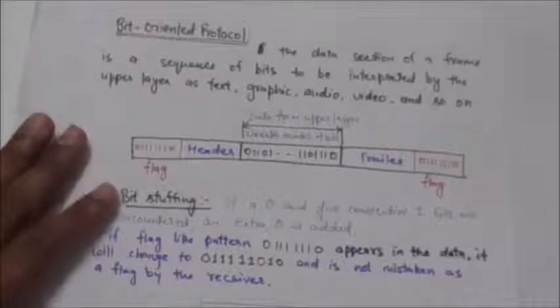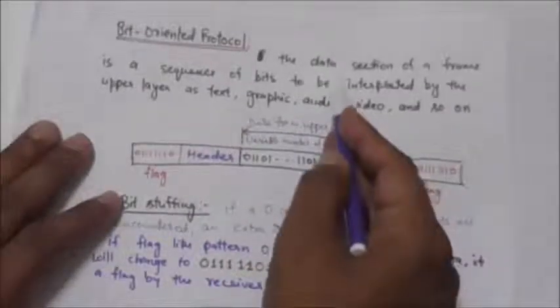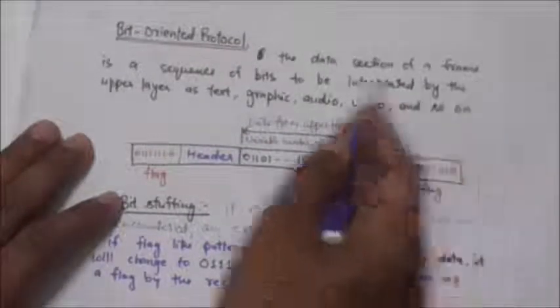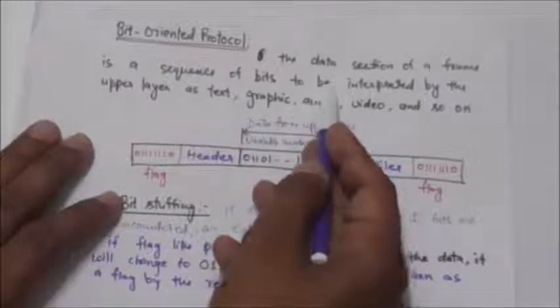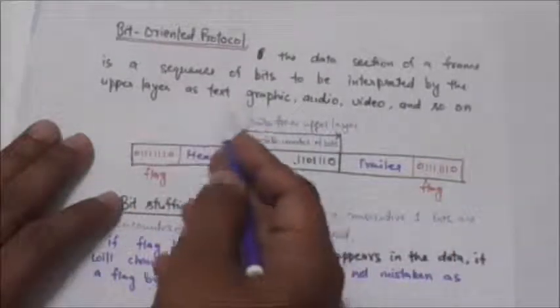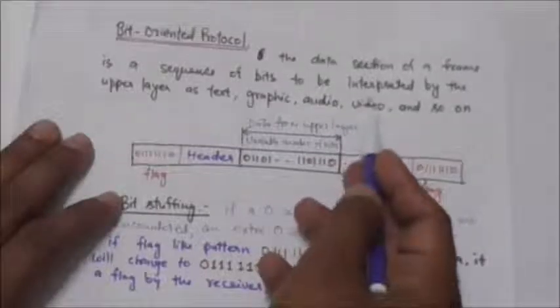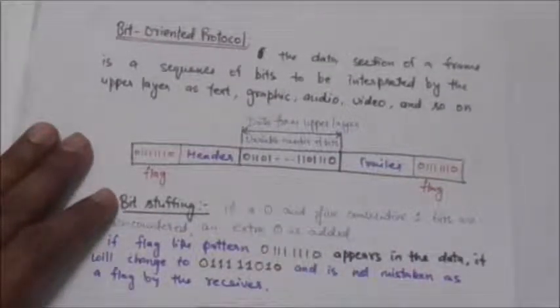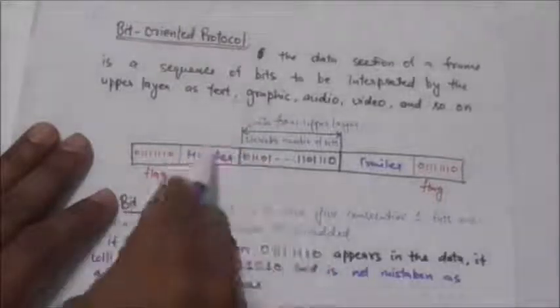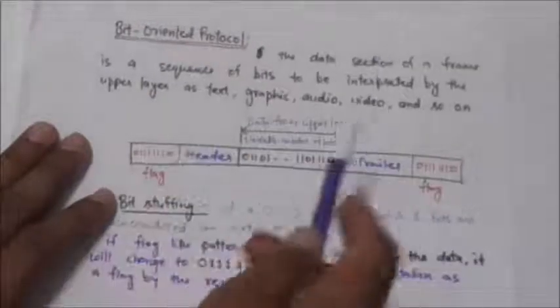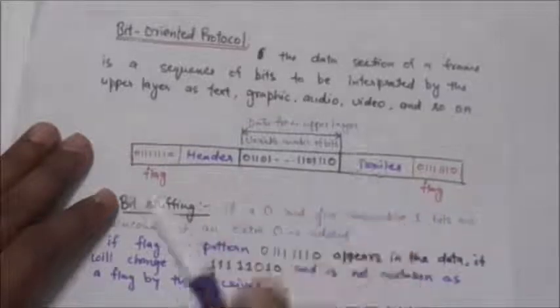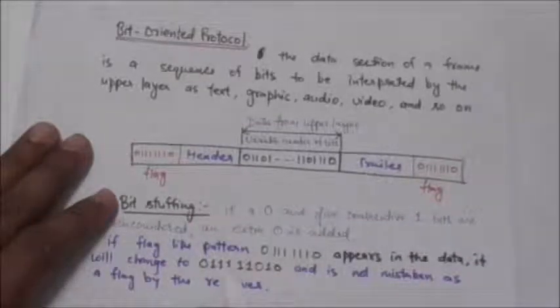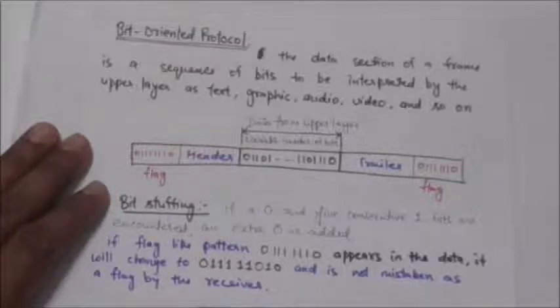In a bit oriented protocol, the data section of a frame is a sequence of bits to be interpreted by the upper layer as text, graphics, audio, video, and so on. In addition to the header and possible trailer, we need a delimiter to separate one frame from another.